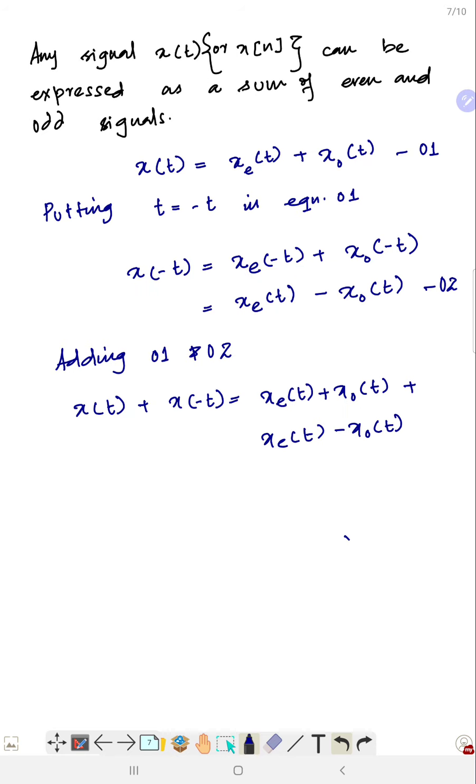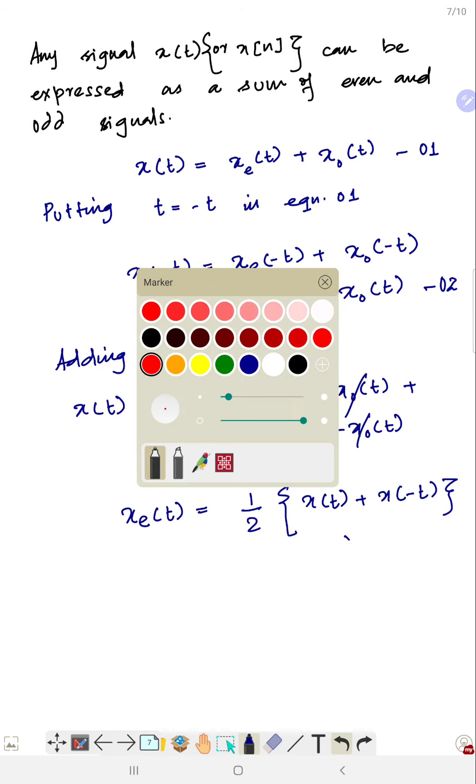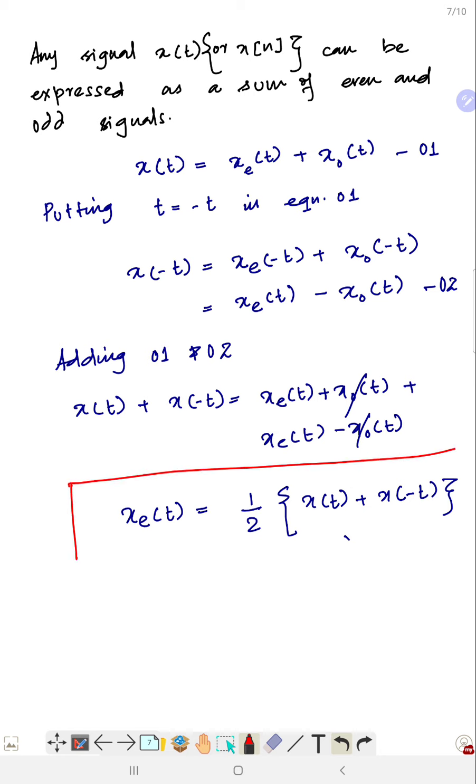So this and this will cancel, so I will get something like this, that is the even component of a signal x of t is actually equivalent to 1 by 2 x of t plus x of minus t, once you simplify this. Fine. So the even component is just the average of the two signals.